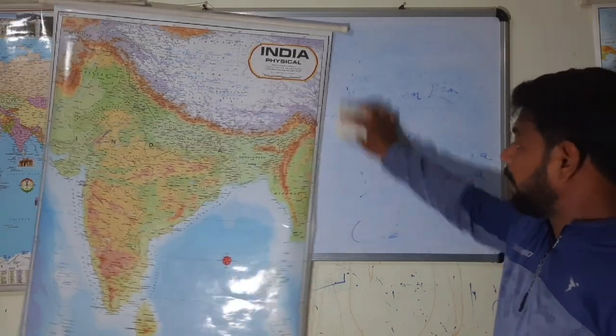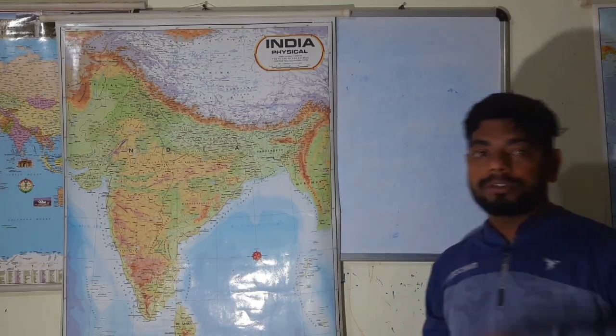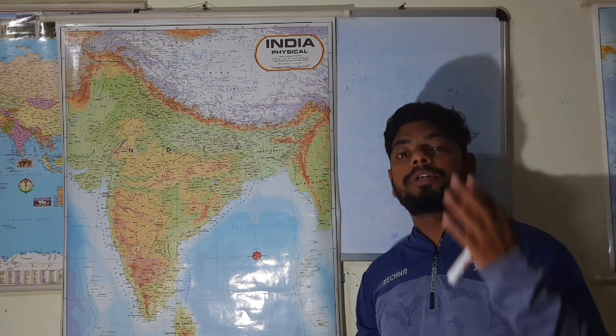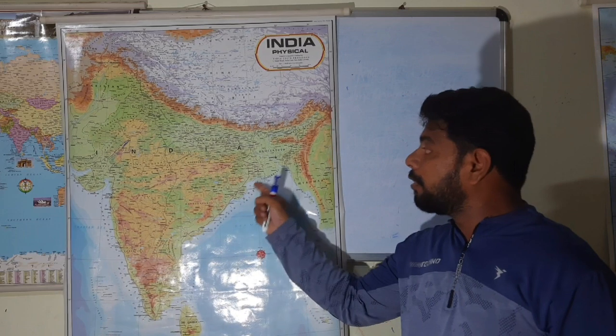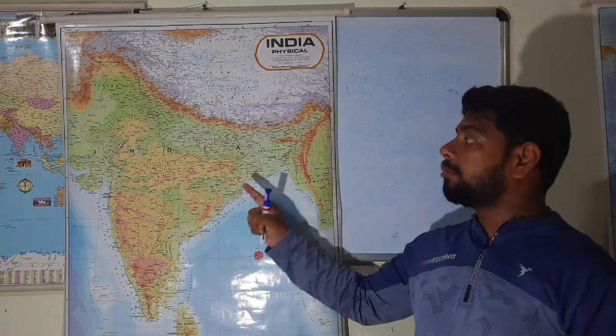Mainly we are self-sufficient in bauxite, iron ore, manganese and chromite, and all these are widely found in the Chota Nagpur Plateau. And Odisha is one of the leading producers of all these natural resources.